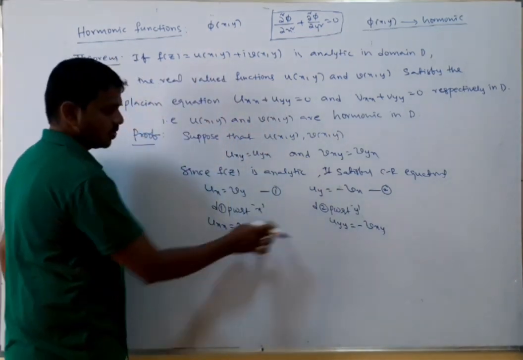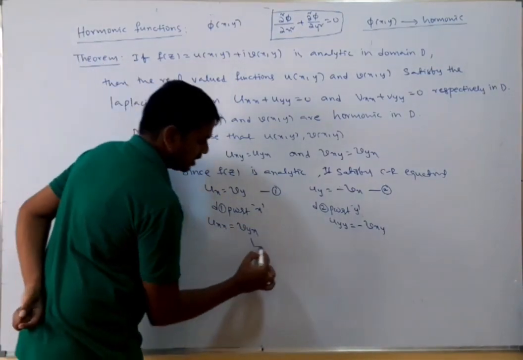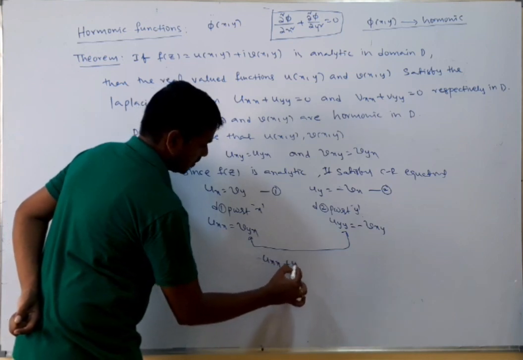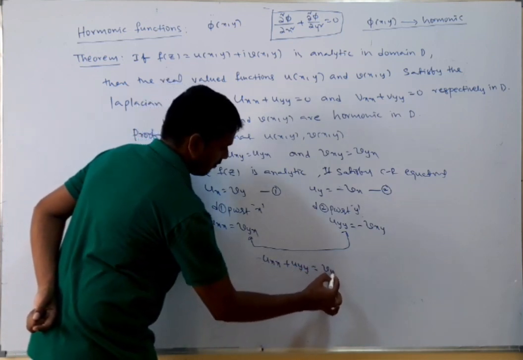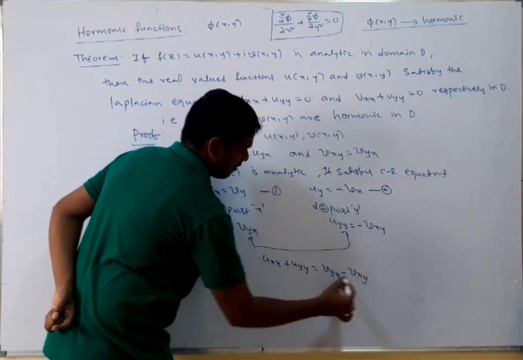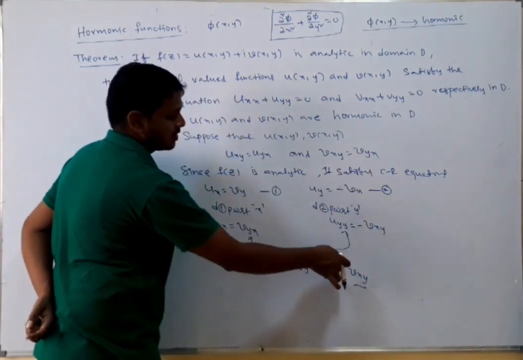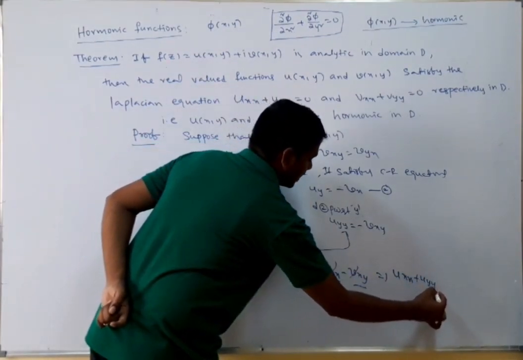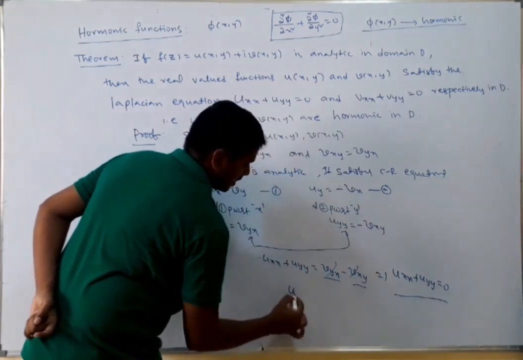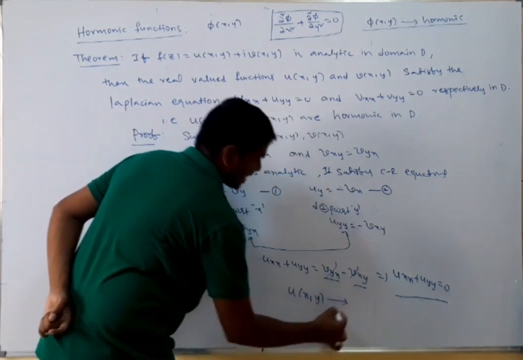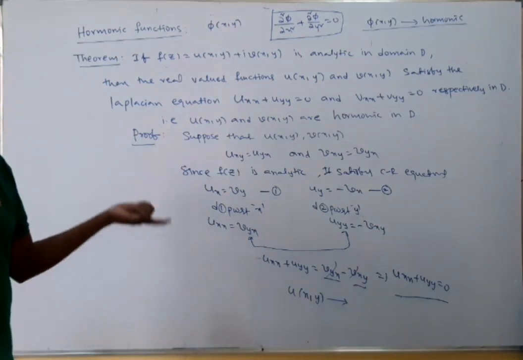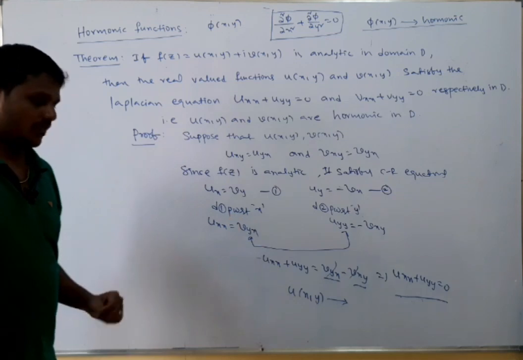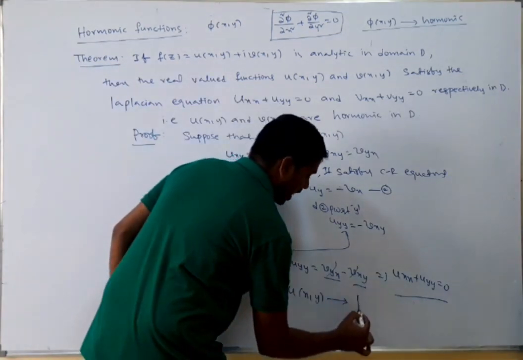Yes, when you are adding these two equations, is it clear? Adding these two equations, we have uxx plus uyy is equal to vyx minus vxy. vyx is the same as vxy, no? So this gets cancelled. That implies uxx plus uyy is equal to 0. It stands for what? u(x,y) is satisfying the Laplace equation. Having continuous second order partial derivatives and satisfying the Laplacian equation, then u(x,y) is a harmonic function.